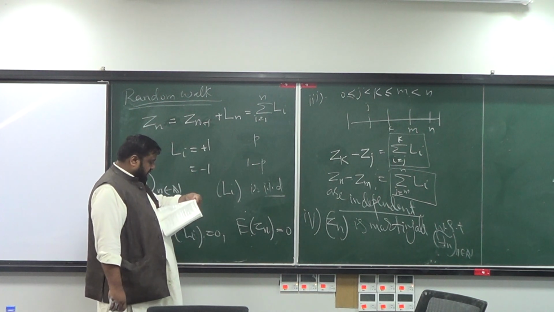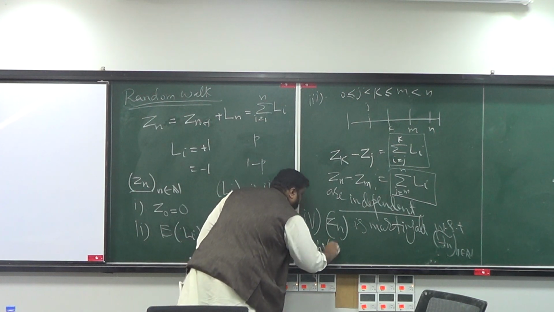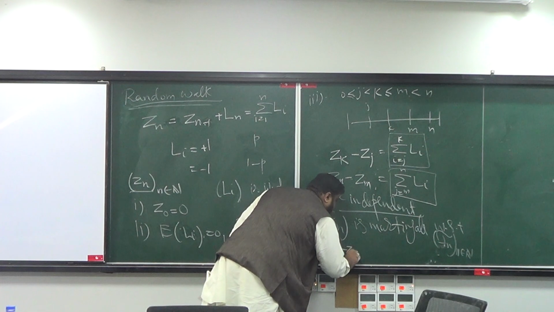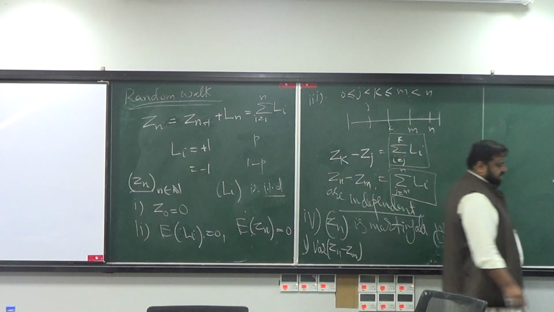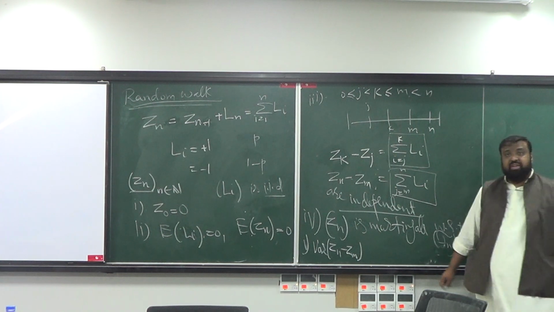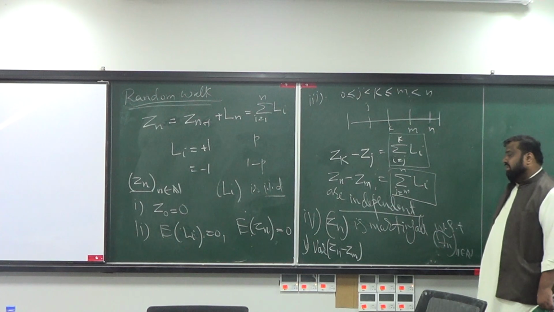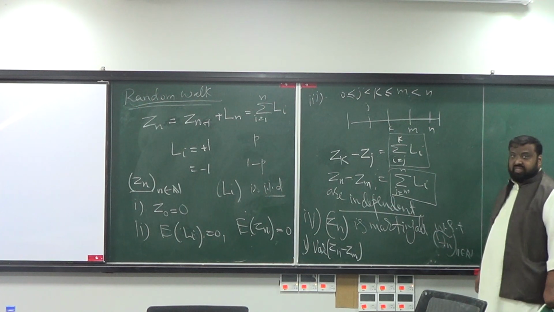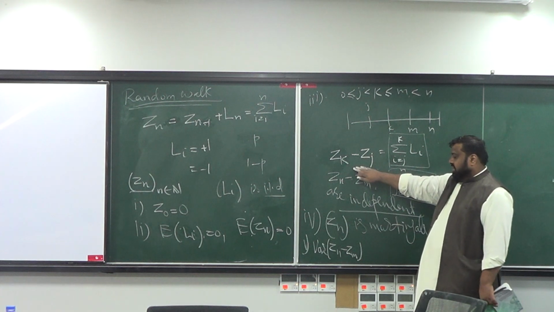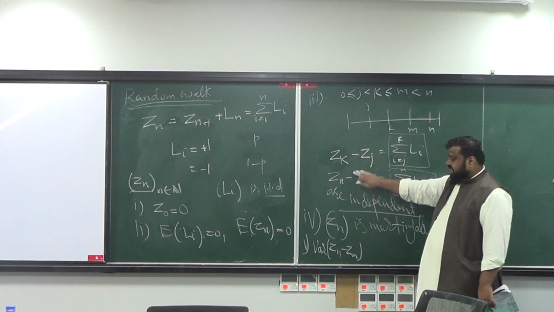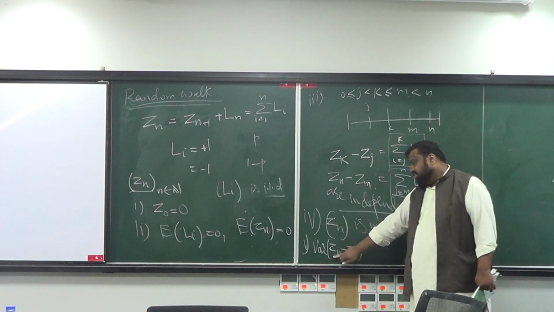By the way, what would be the variance of an increment, Zn minus Zm? It's going to be the variance of Zn minus the variance of Zm, because they are all independent, but in Zn you also have the terms of Zm.